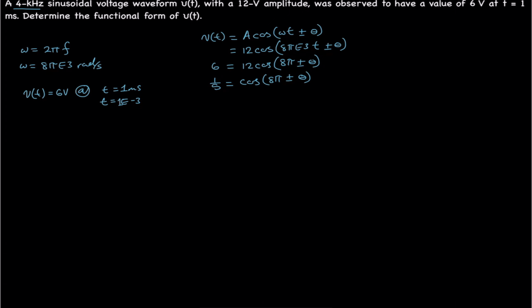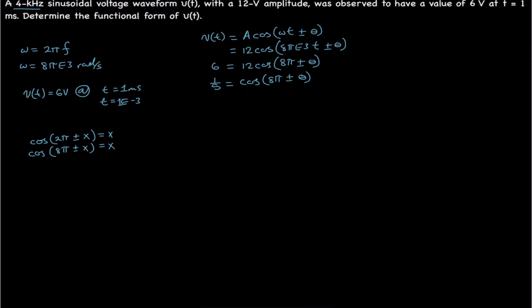We then can look at cosine of some even multiple of pi. In this case, 2 pi. You could say cosine of an even multiple of pi plus or minus x is equal to cosine x, and so on.